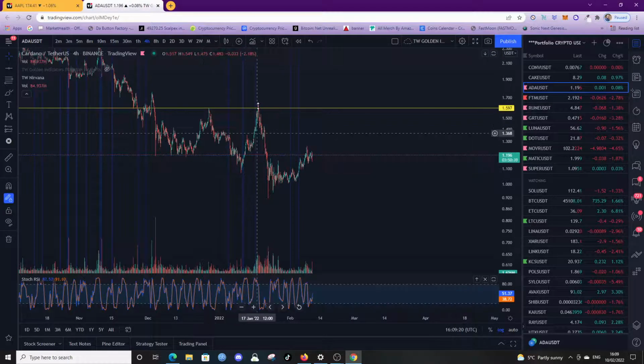One thing from the structure, and it also lines up with the Fibonacci.